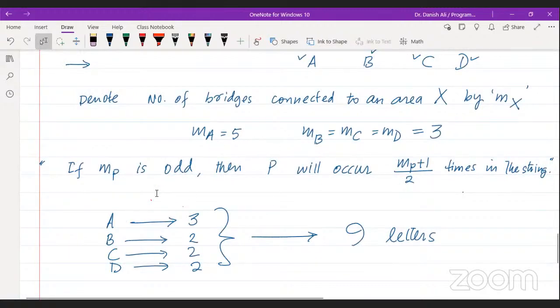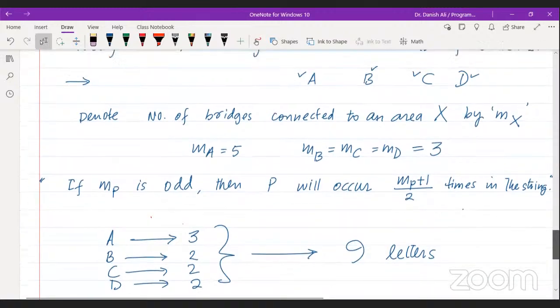So since A is connected by 5 bridges, A will appear 3 times in that string, the string which tells us the journey of a person. B will occur 2 times, C 2 times, and D 2 times. So the journey will be described by using 9 letters.